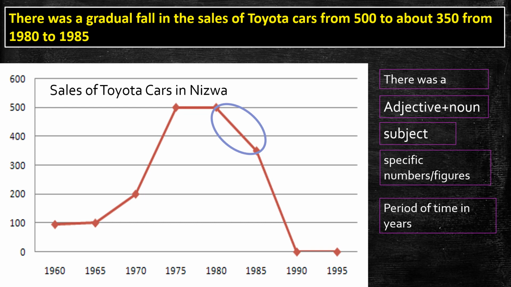In the sales of Toyota cars, which is your subject, specific number from 500 to about 350. Why did I use about here? Because we don't know exactly if it is 350, a little less than that or a little more than that. That's why about 350. And what's the time period? From 1980 to 1985. Let's write one last sentence describing one more trend.